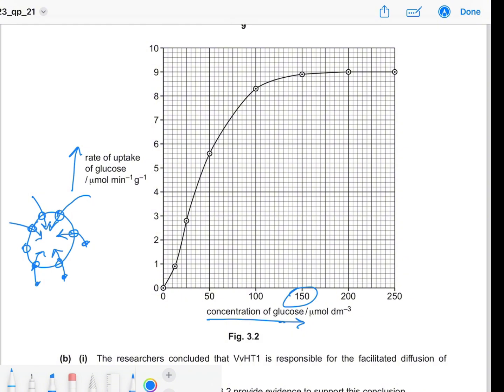And then you will reach a point when you continue to increase the glucose concentration, when all of the transporters, the VVHT1 transporters, have been occupied. At this point, no matter how much you continue to increase the glucose concentration, since all of the transporters have been occupied, the glucose molecules will enter at the same speed, which is how the rate of uptake will plateau.